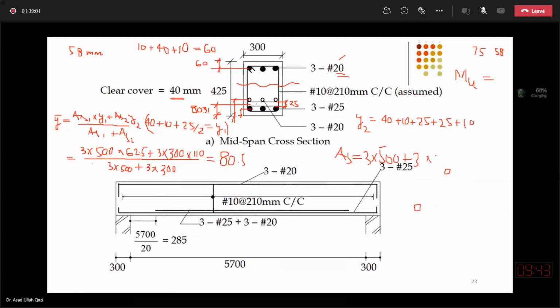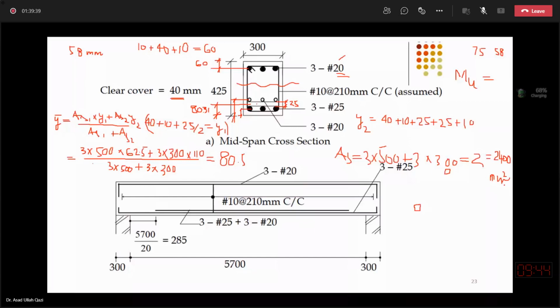AS 900 plus 1500. 3 into 500, 1500. 3 into 3, 900. 2400 against 2313. So you require 2313, but because of the available nominal areas, you selected 2400.